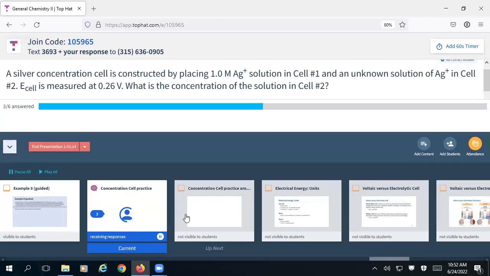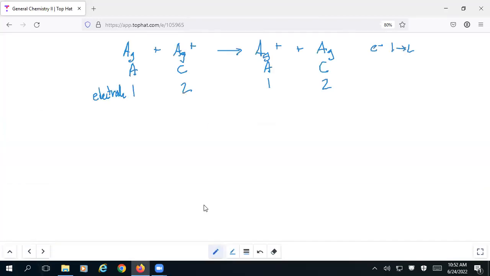All right, let's see how we did. So similar setup to the last one, where we need to figure out which electrode is which. Now the value of Q is a little bit easier to come by because there aren't as many components.